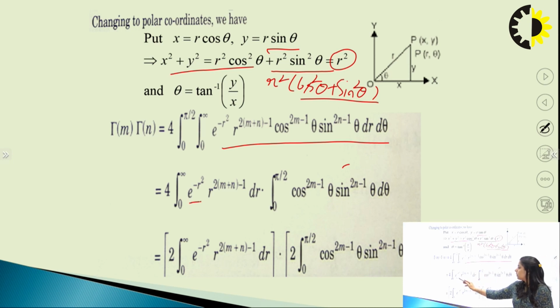So here we take the terms of r, and here the terms of theta: integration of e power minus r square r power 2m plus 2n minus 1 dr, and integration 0 to pi by 2 cos power 2m minus 1 theta sin power 2n minus 1 theta d theta.